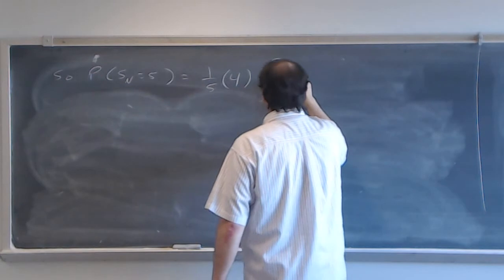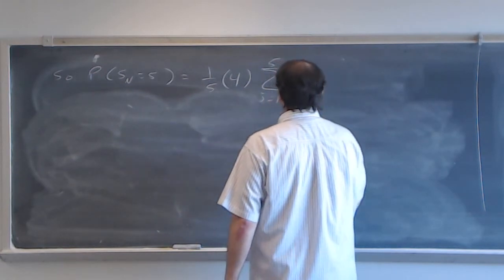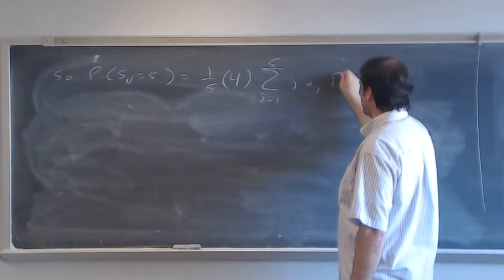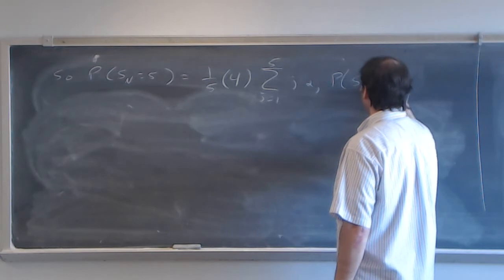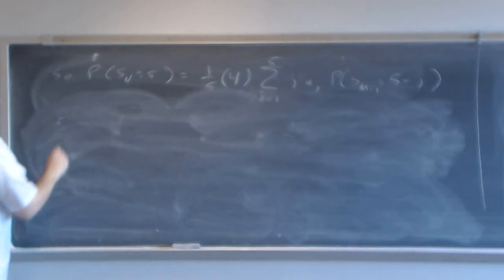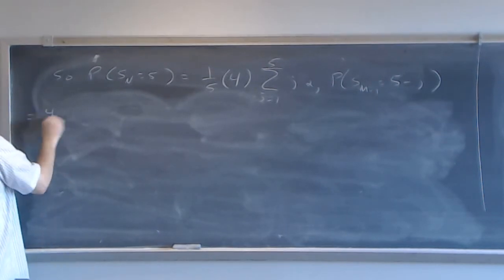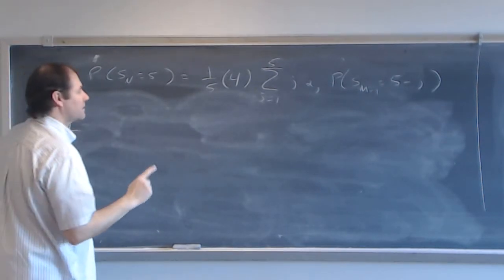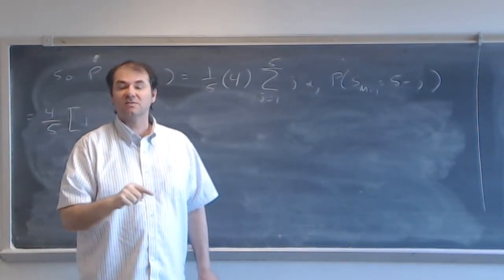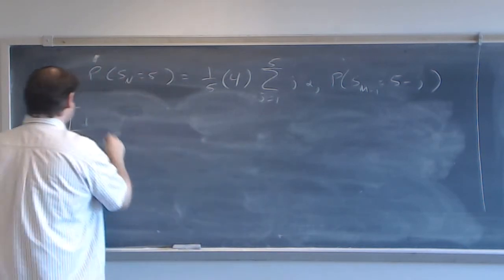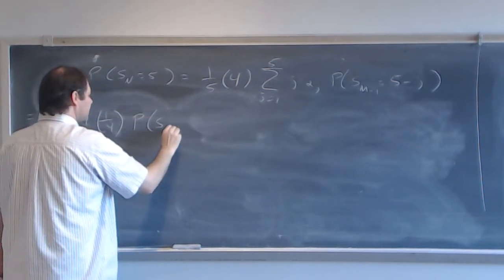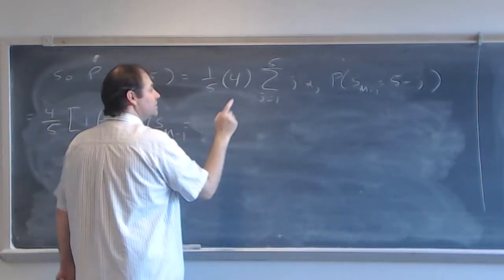That's the k. That's j, alpha sub j, times the probability that S_{m-1} is equal to k, which is 5 minus j. So that's equal to 4/5 times, for j equal to 1, 1 times alpha sub 1. Alpha sub 1 is the probability X_1 is equal to 1, well, that's 1/4, times the probability that S_{m-1} is equal to 5 minus 1.